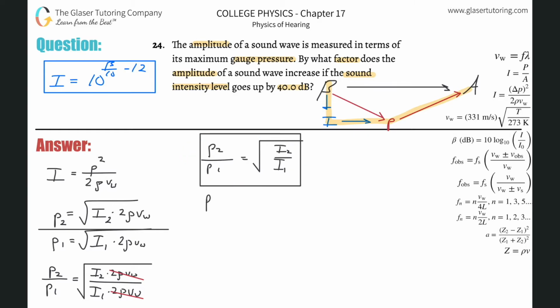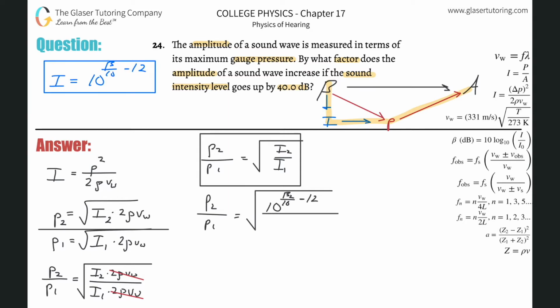So now we're going to have P2 all over P1 equal to the square root of, and let me make that a little neater. We're going to have I2 now, right? So I2, and we define that as 10 raised to the beta 2 all over 10, all over 10 minus 12, and that's all in the exponent, so just be careful, minus 12.